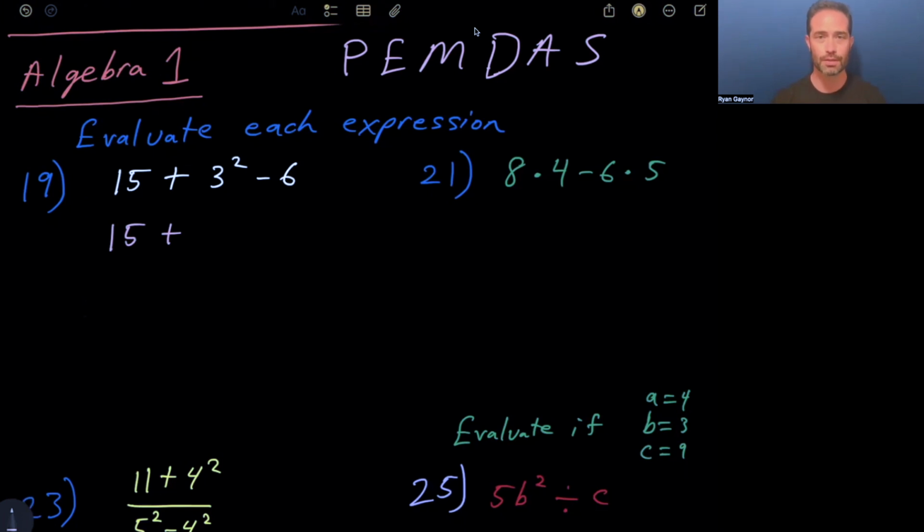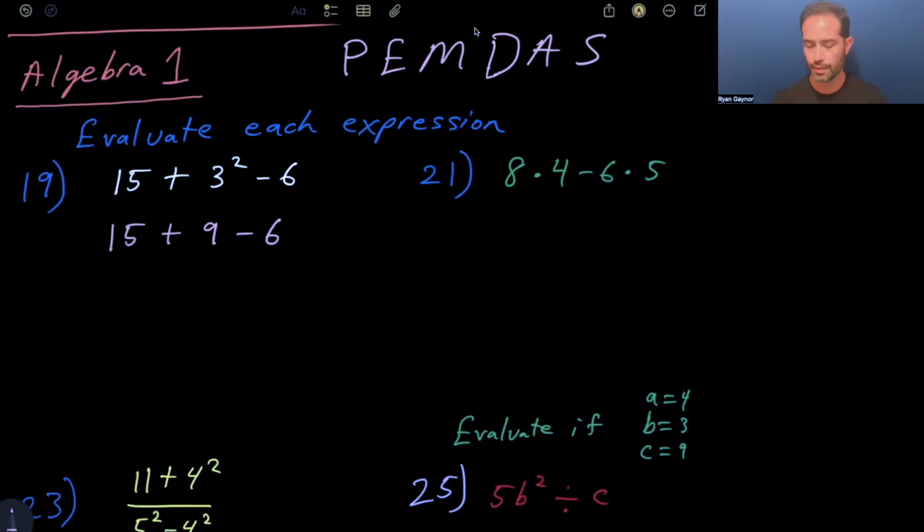So what is 3 squared? That's 9. 3 squared means 3 times itself, so 3 times 3 is 9. And then we have minus 6. Now I notice that we have a plus and a minus, so I am going to go left to right, just so in the future I keep everything in the same type of order and I don't make any mistakes.